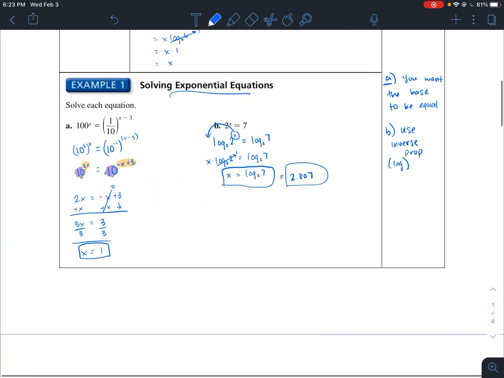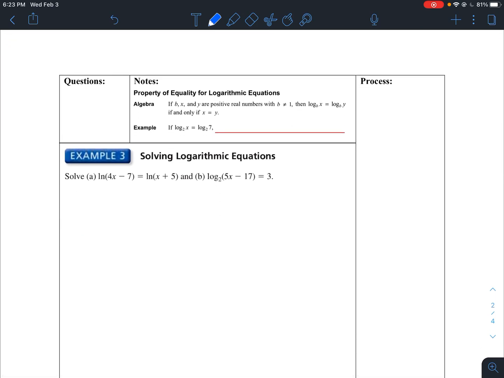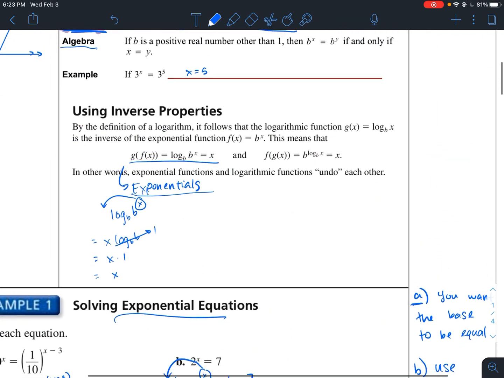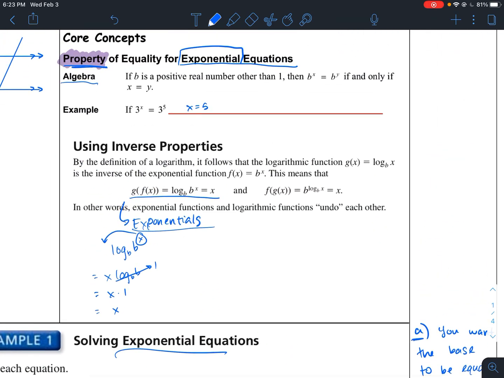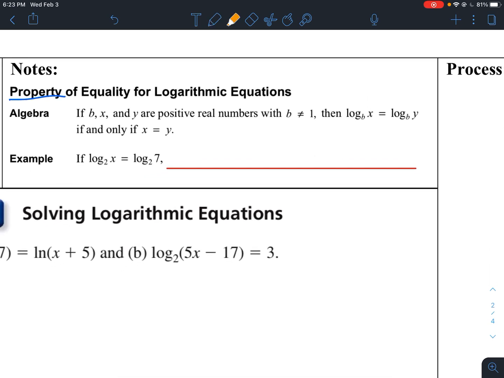Okay. Now let's jump to this next page and talk about logarithmic equations. Up here was a property of equality for exponentials, and here's a property of equality for logarithmic equations, and they're pretty much the same thing.